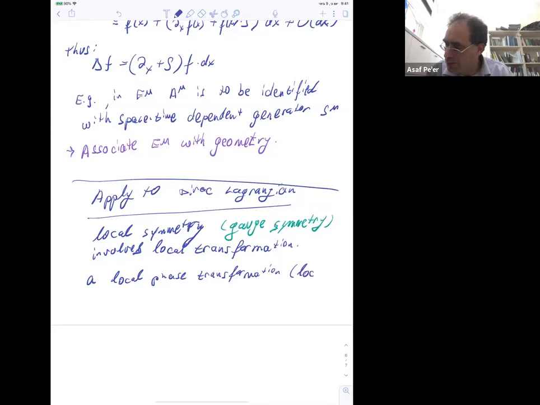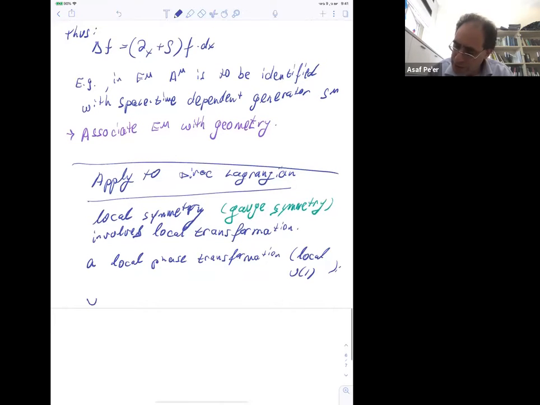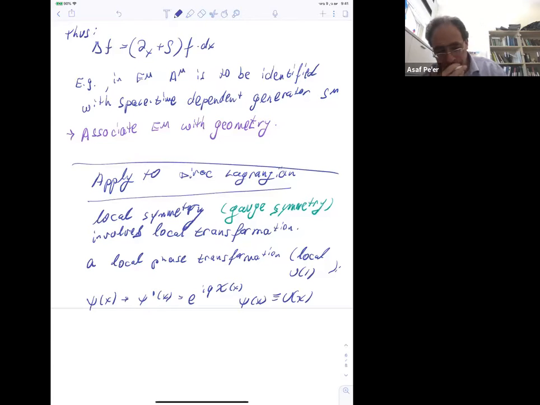Psi of x, just as we did, goes to psi prime of x, which is e^{iqχ} psi of x, but now χ is a function of x. So now χ is not just a number, but a function. It's a well-behaved, continuous function, and I don't need to worry about it too much, but it's still a function of space and time.